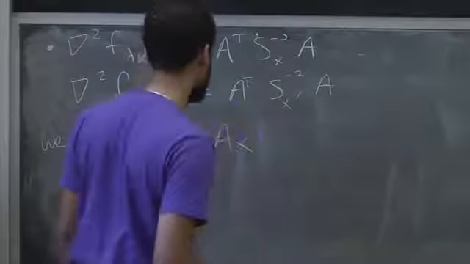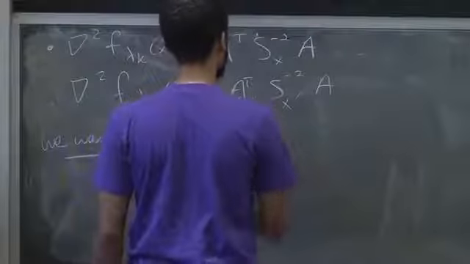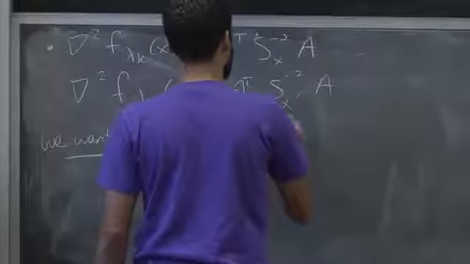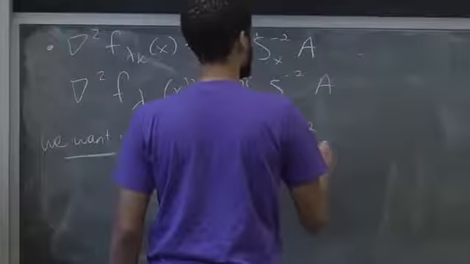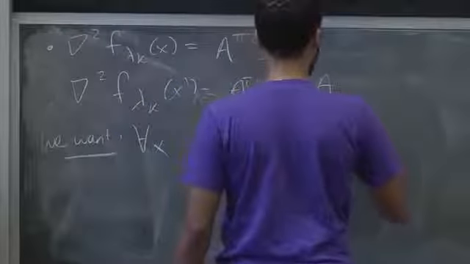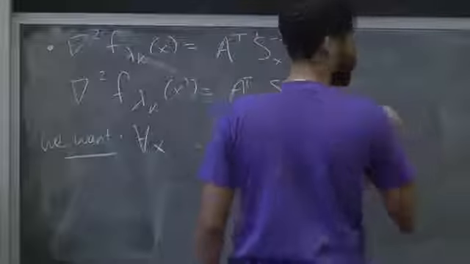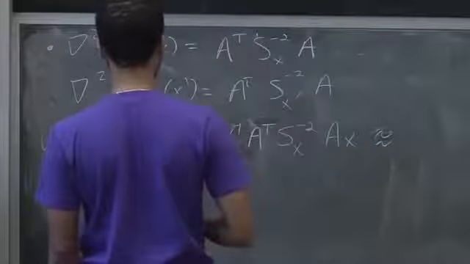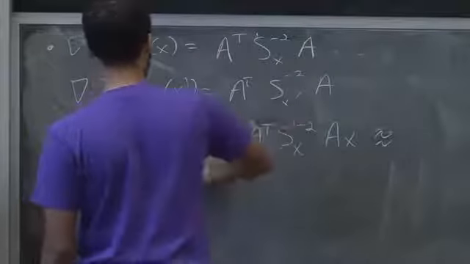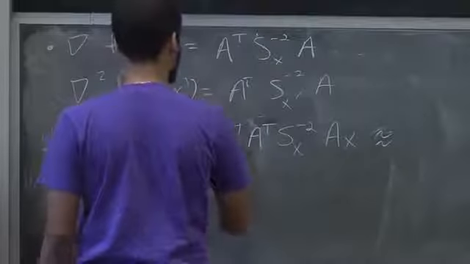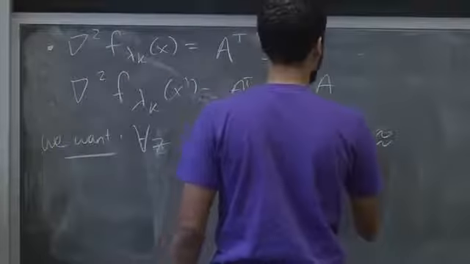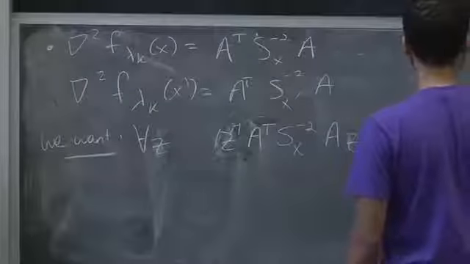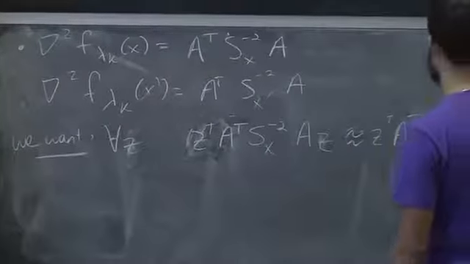x transpose A transpose Sx to the minus 2 Ax. We want this to be, up to 1 plus epsilon, the same thing as, oh, I shouldn't use x here because I already have x's. For all z's, this thing should always be close to z transpose A transpose Sx prime to the minus 2 Az.